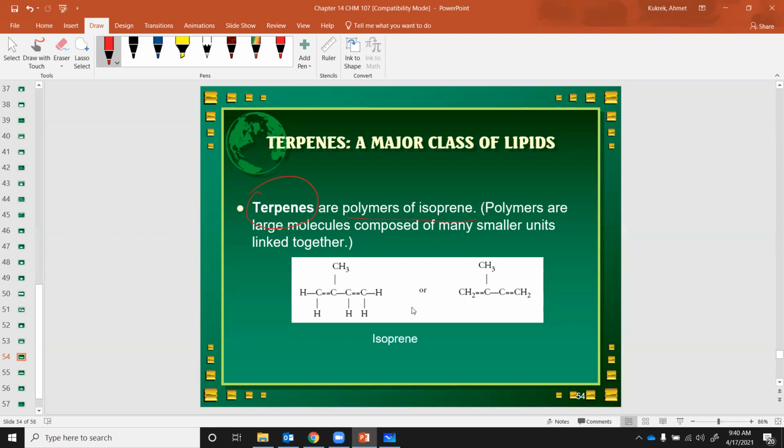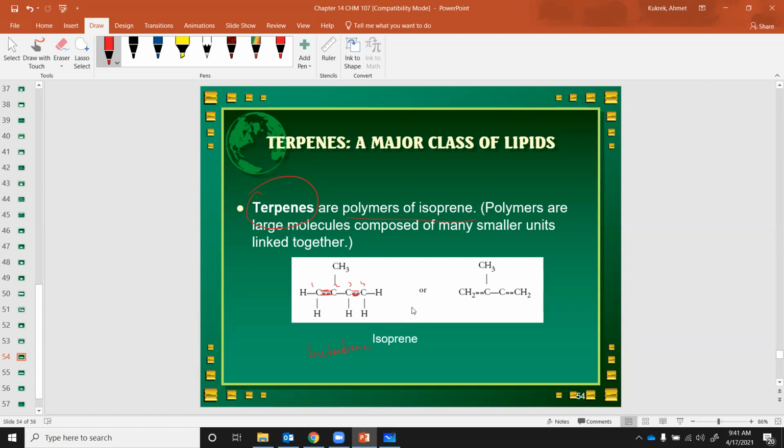And isoprene is nothing but, as you can see, there's a double bond here and a double bond here, right? If you want to name it, it's going to be 1, 2, 3, 4, some sort of butene. Actually not butene. We have 2 dienes, so it's going to be something like butadiene, since we have 2 double bonds. You don't have to really worry about this.